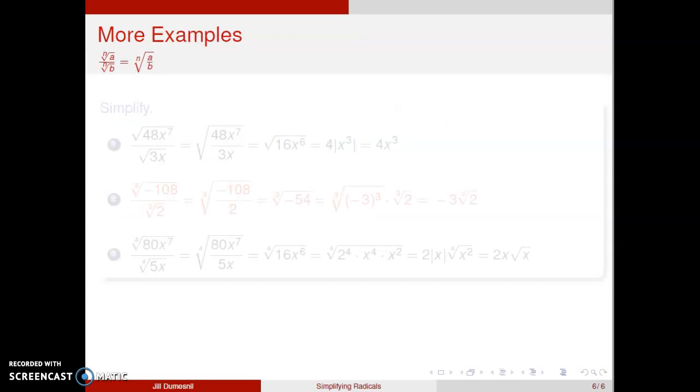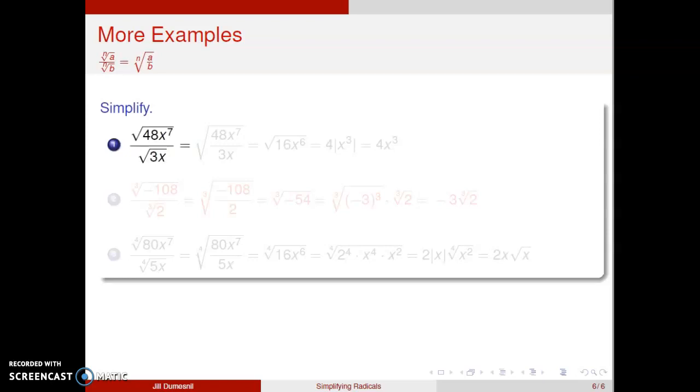Let's consider some final examples in which we use the quotient rule for radicals backwards. Simplify each expression. Now we start with a ratio of radicals. To simplify, we will eventually need to eliminate the radical in the denominator. We can use the quotient rule for radicals to write this as the square root of one fraction, and now the radicand simplifies easily. 48x to the 7th over 3x is 16x to the 6th.